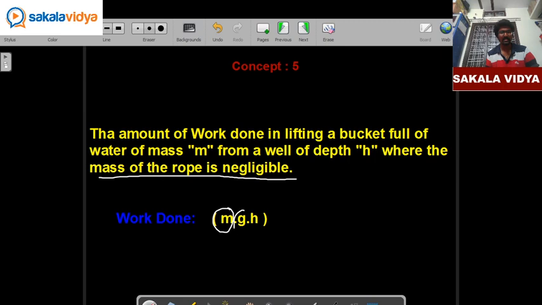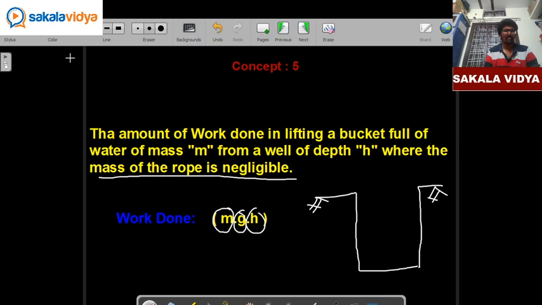M into g into h, for example. So this is our well. This is our ground surface or ground level from which a bucket full of water is being lifted by using a rope, where the mass of bucket is m, where the mass of rope is negligible.